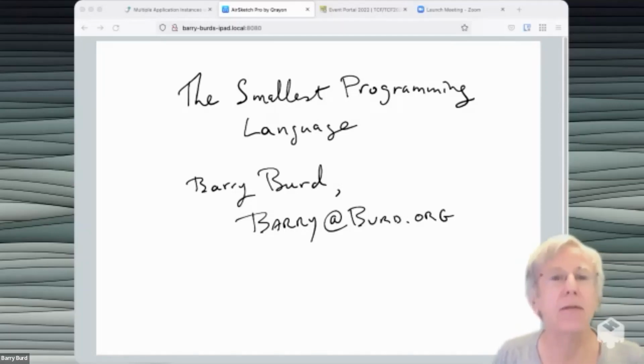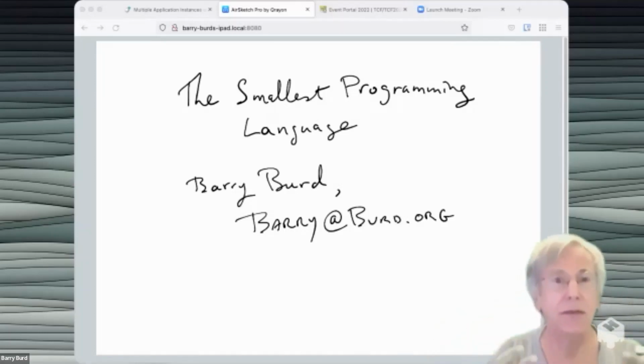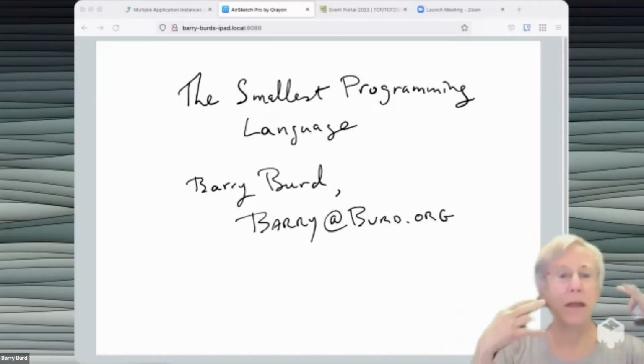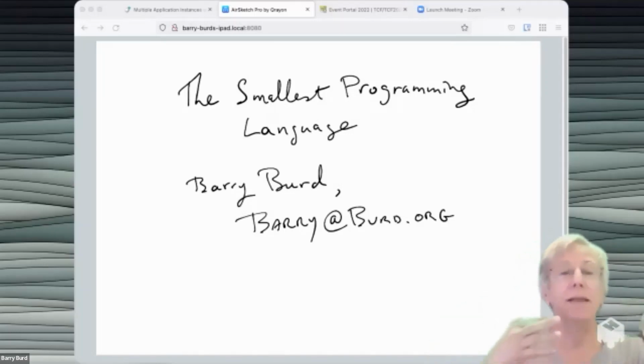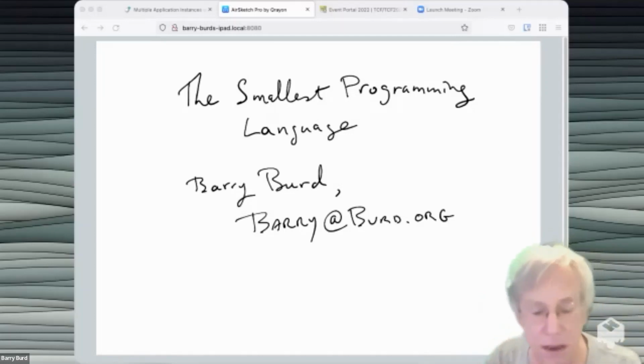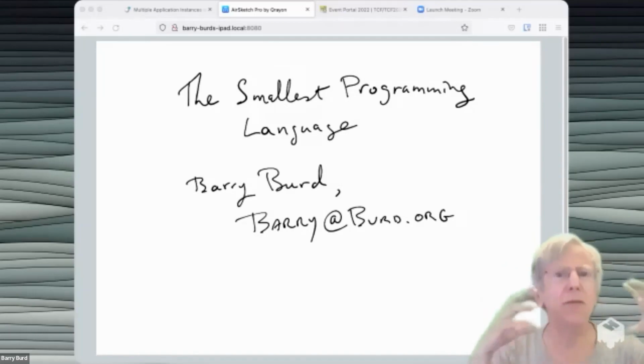Any algorithm that you want to express can be expressed in that language. Now, a Turing complete language doesn't necessarily have the ability to control a thermostat. It doesn't necessarily even have the ability to write to a printer. A Turing complete language just executes algorithms in and of itself.